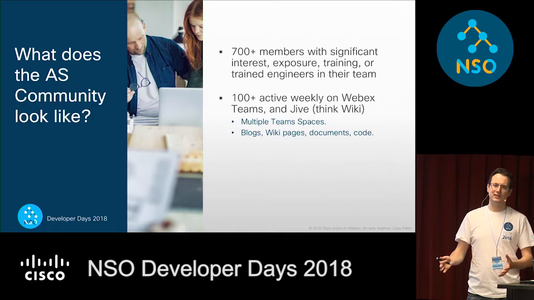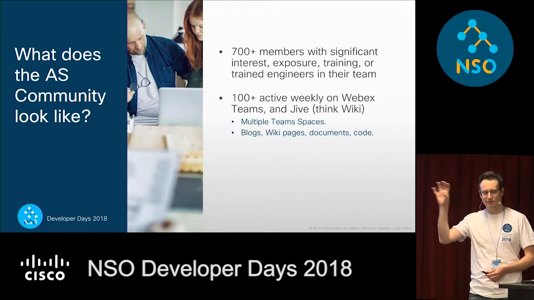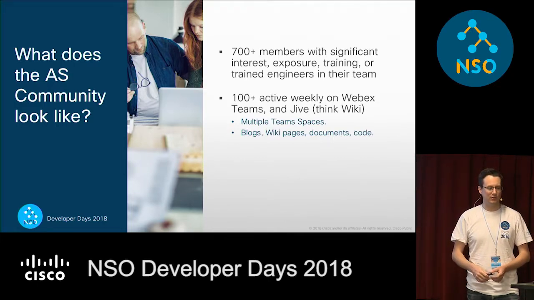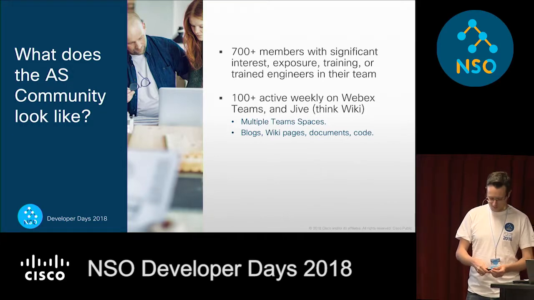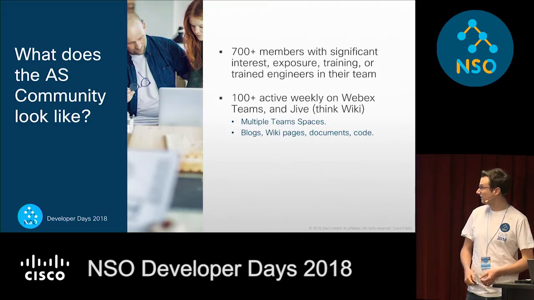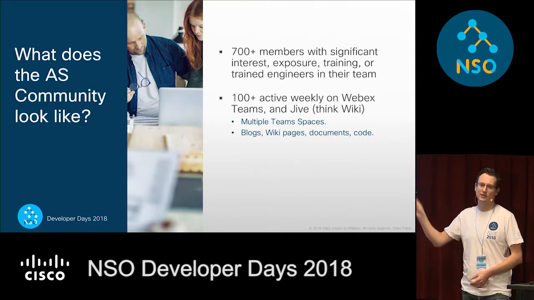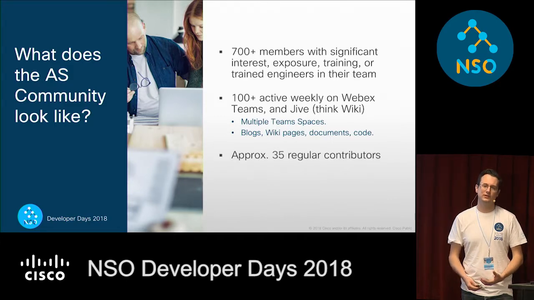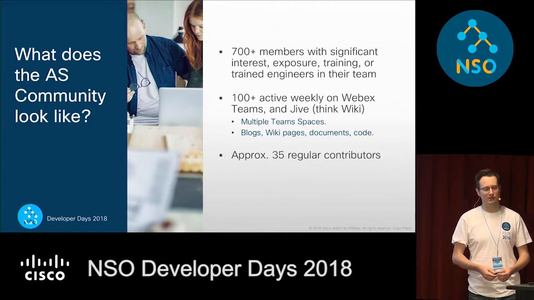So we have a team space. It's quite active. We've got multiple spaces, different topics in different spaces. We've got some blogs and wiki pages, documents and code. But realistically, that's all supported by about 35 regular contributors. Out of that 700, maybe 35 are the regular contributors who, every couple of weeks, are asking questions, answering questions, supporting each other.